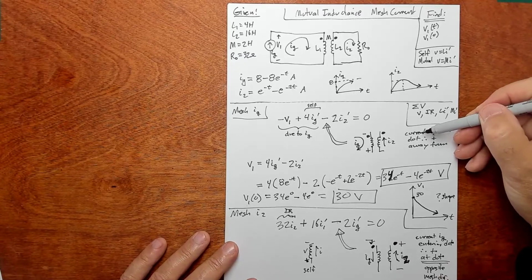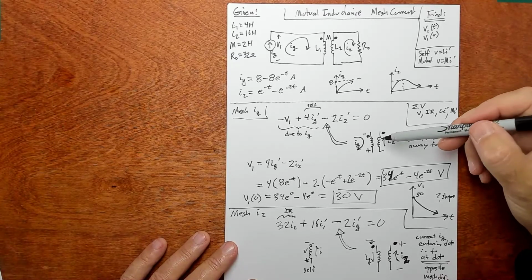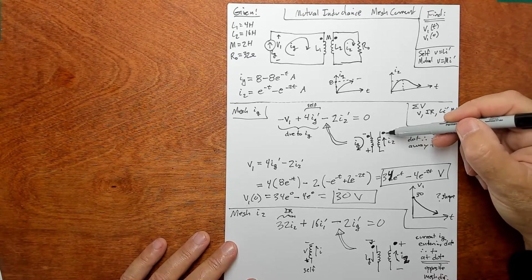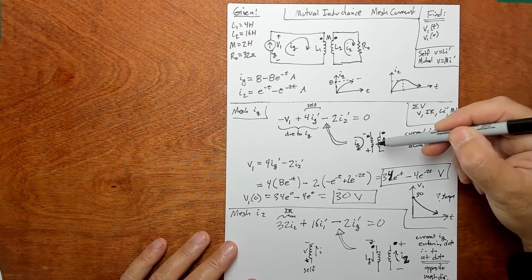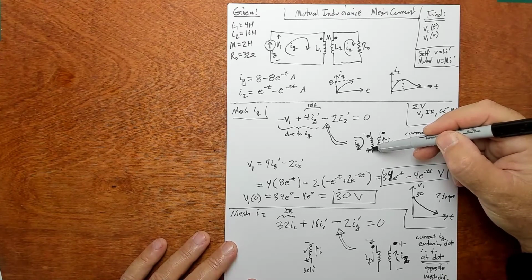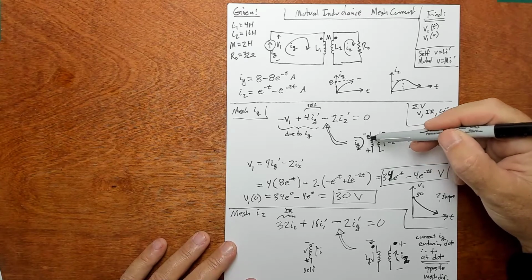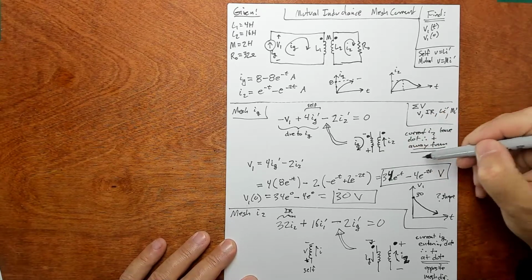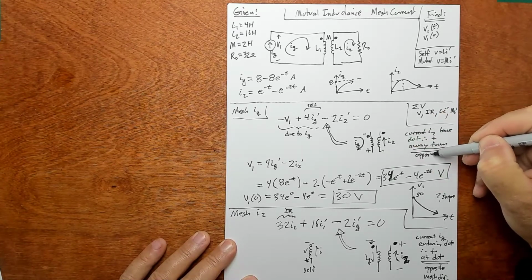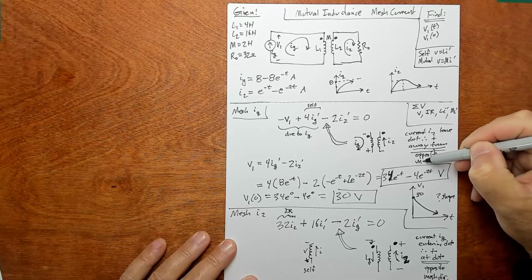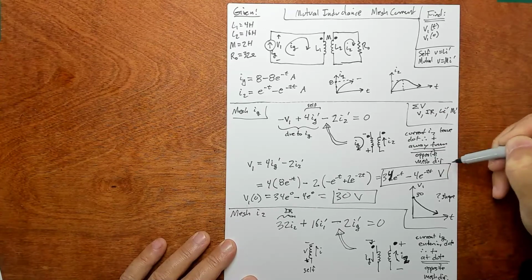Up here, the current was leaving the dot, so the plus is away from the dot, which also happens to be opposite our mesh direction. Okay, that's it.